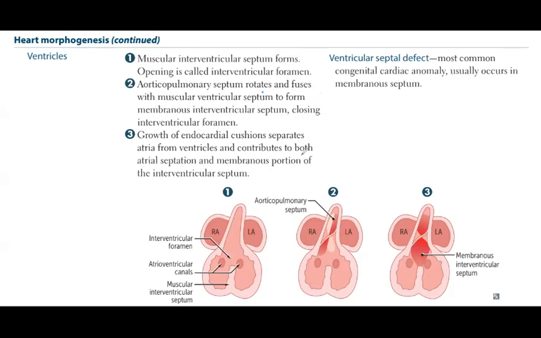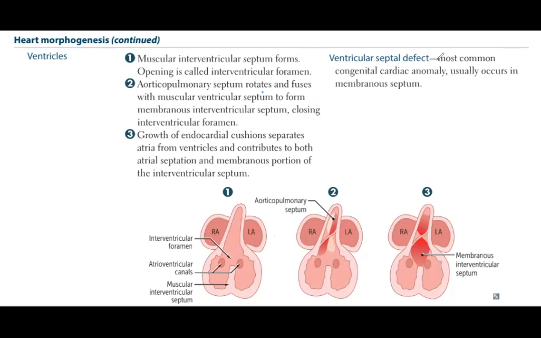Then number 3, growth of endocardial cushions separates atria from ventricles. It will grow laterally also and contributes to both atrial septation and the membranous portion of the interventricular septum. So this line is important. Then ventricular septal defect, the most common congenital cardiac anomaly.